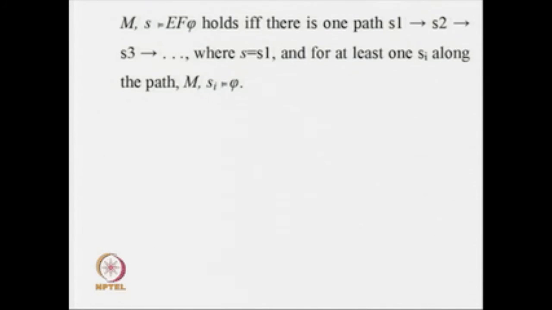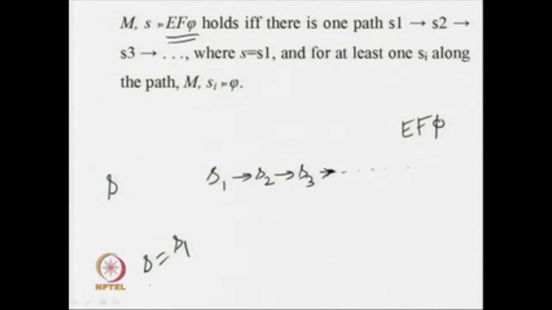One simple example: we are going to look at EF phi, and how we have defined it. We look for a transition path S1, S2, S3, and so on, and we are looking at one particular state S, and we say that S equals S1, that means the starting state of this path, and for at least one Si, we look for one Si where M, Si models phi.